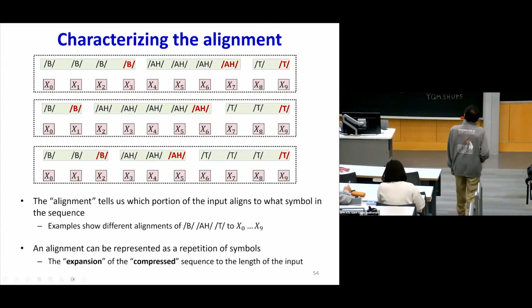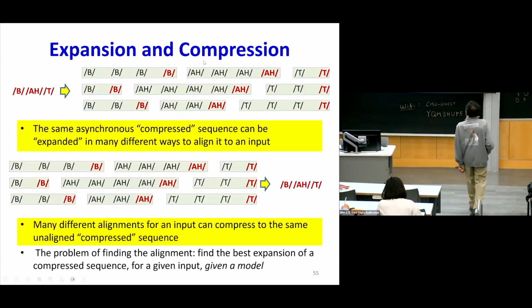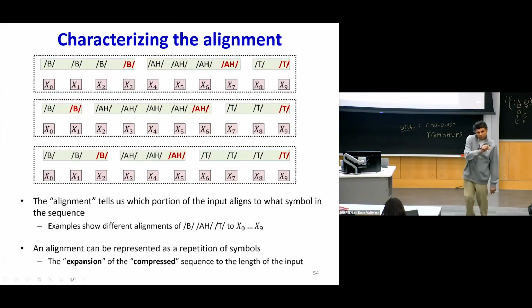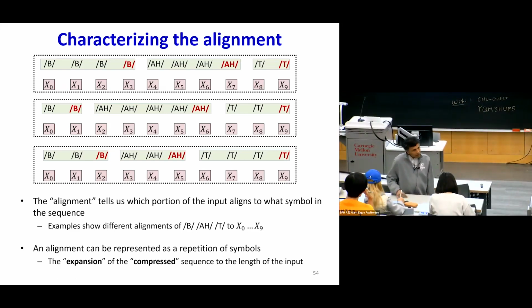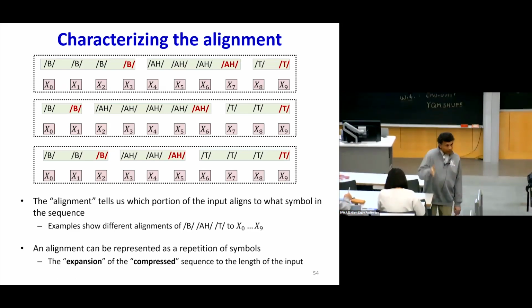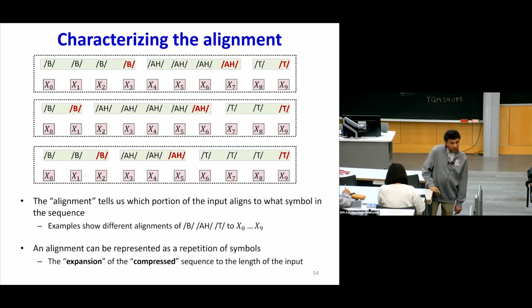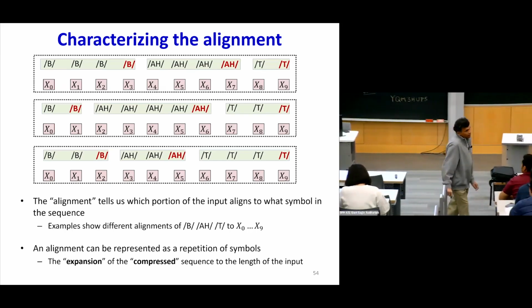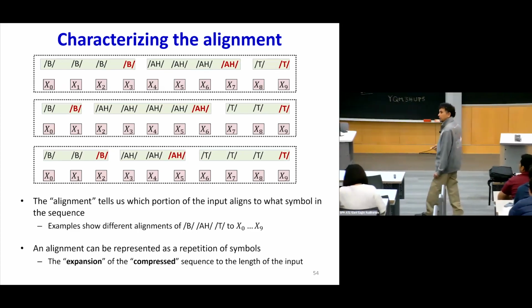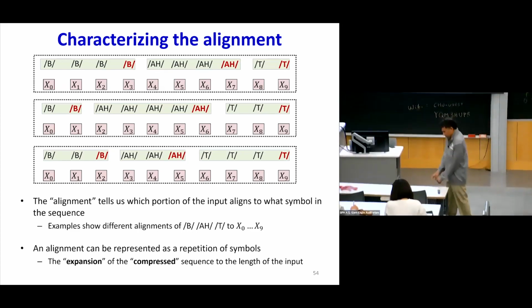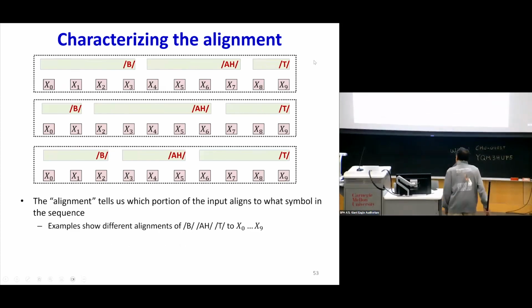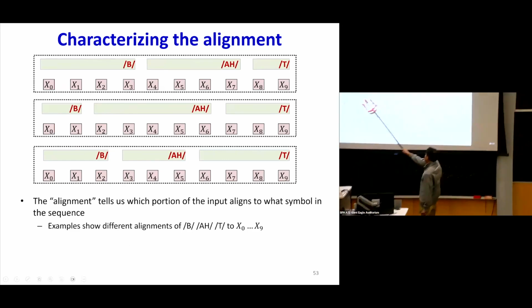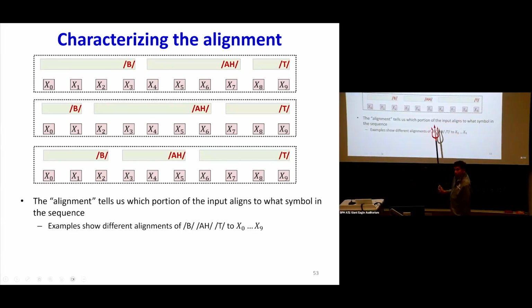Now, when I'm trying to pick the most likely alignment, one of the nice things about representing alignments in terms of repetitions of symbols is that in the restated alignment, where I repeat the symbol at each time over the segment that it represents, the new representation is time synchronous with the input. If I want to represent this alignment here, this has only 3 symbols, whereas the input has 10 symbols.